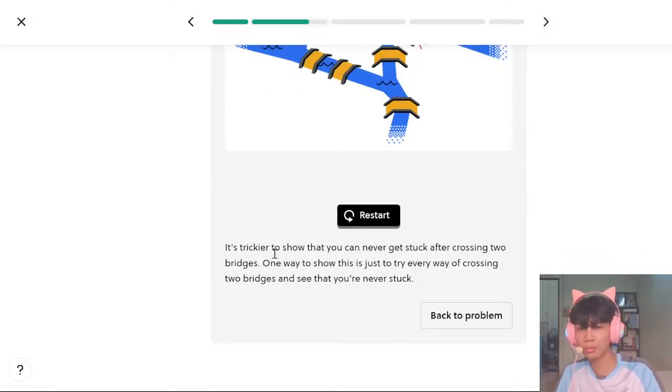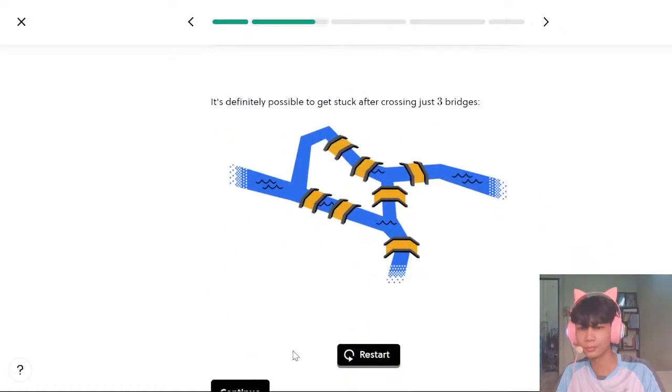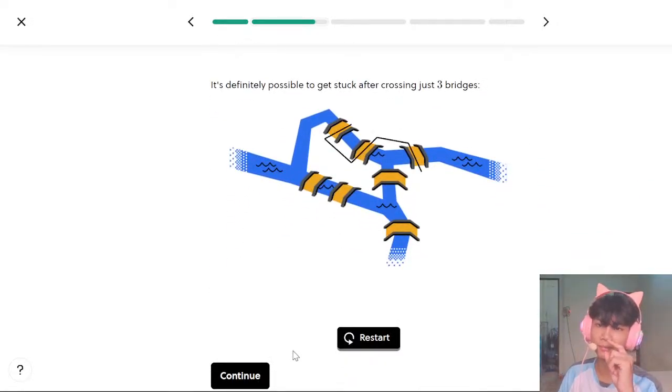It's tricky to show that you can never get stuck after crossing 2 bridges. One way to show this is just to try every way of crossing 2 bridges and see that you're never stuck. It's definitely possible to get stuck after crossing just 3 bridges.